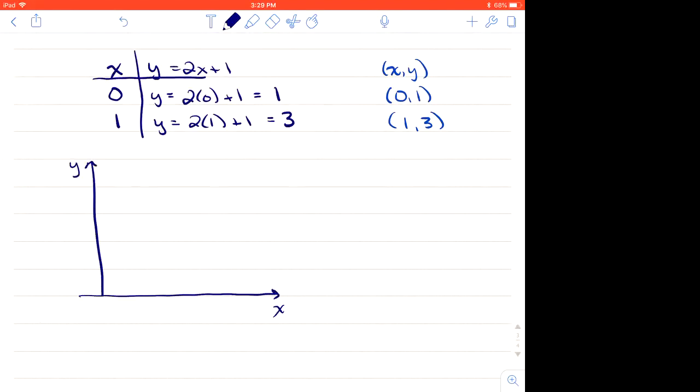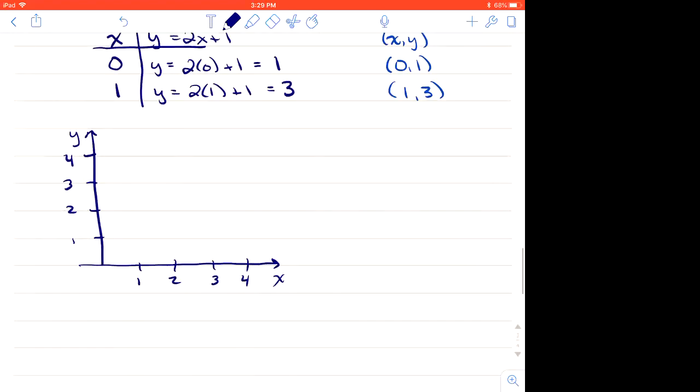So, set up our XY axes. 1, 2, 3, 4. 1, 2, 3, 4. I'm not being too picky about this. We're just testing things out. Okay.